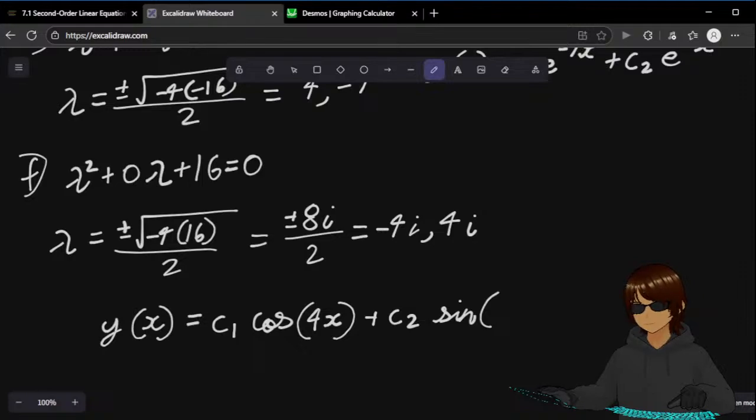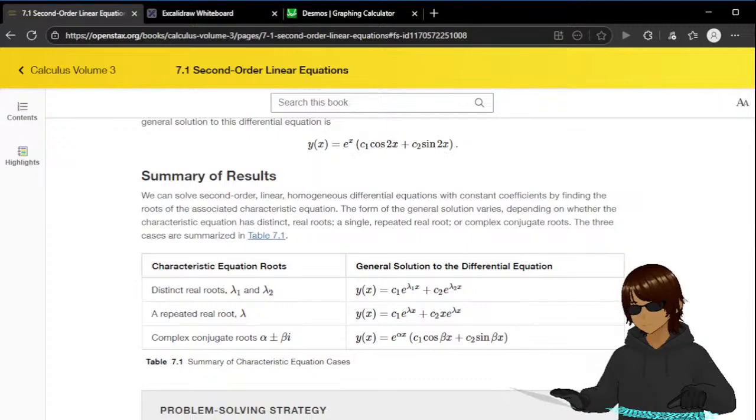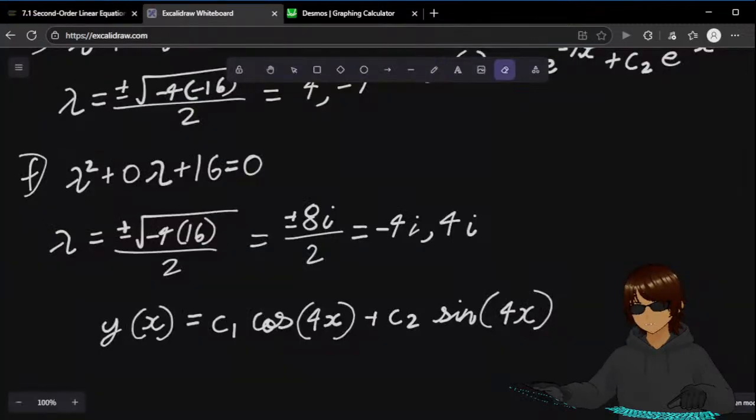Sine 4x, like that, right? I should write plus minus 4.